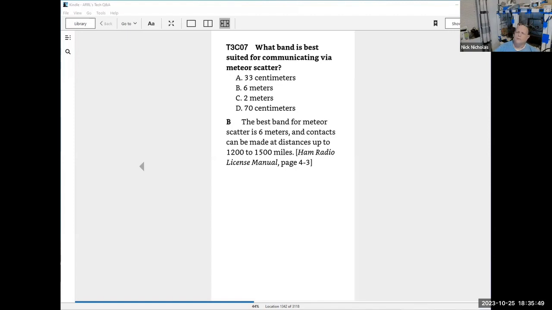It has to do with the length of the wave and the distance that the ionization will occur from the trail of a meteor. Basically, that's the parts breaking off the back or all around the meteor as it comes in the sky. It burns up and creates an ionization path.